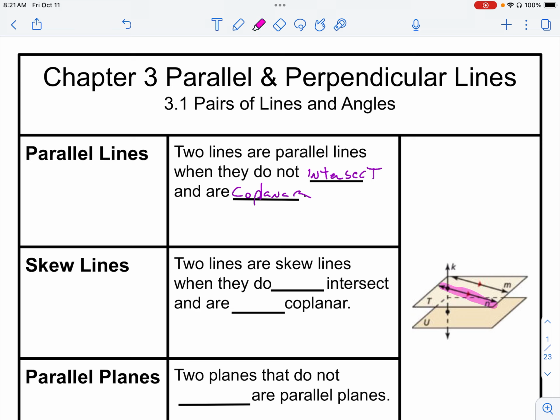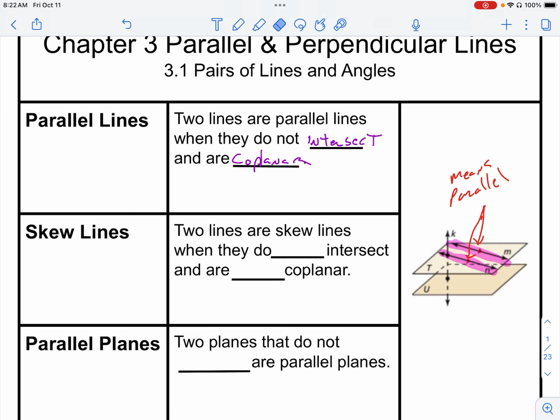So lines N and M in our little diagram here, and we see they've got these little red triangles on them, and that means that they are parallel to each other. So that means no matter how long they go out, and we know they stretch to infinity, they will not cross. Okay, so let's get rid of that.